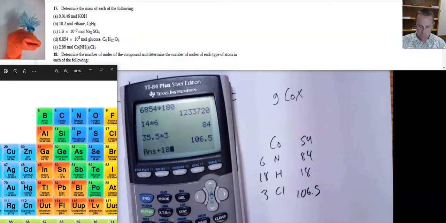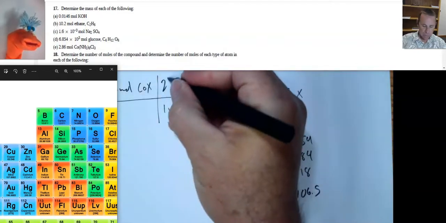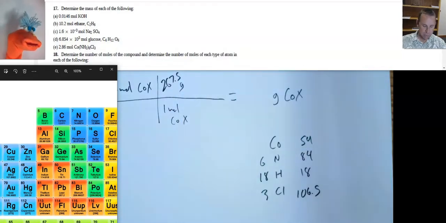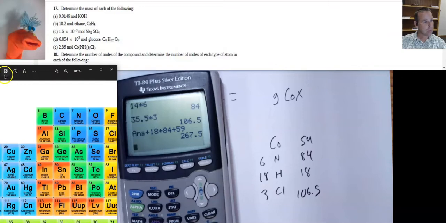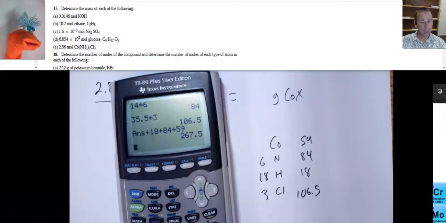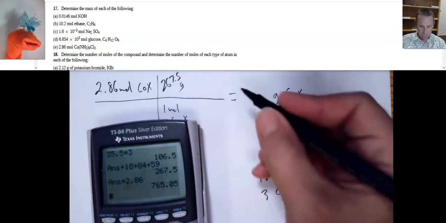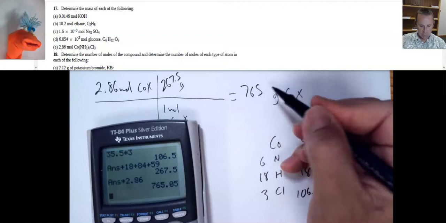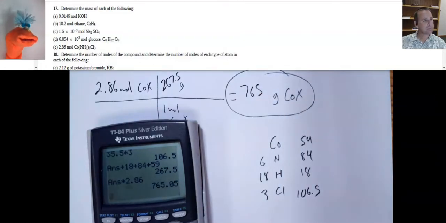Plus 18 plus 84 plus 59. So 267.5 grams for every mole times the 2.86. 2.86 is how many moles it says it had, right? Okay, so we got 765 grams of cobalt compound.